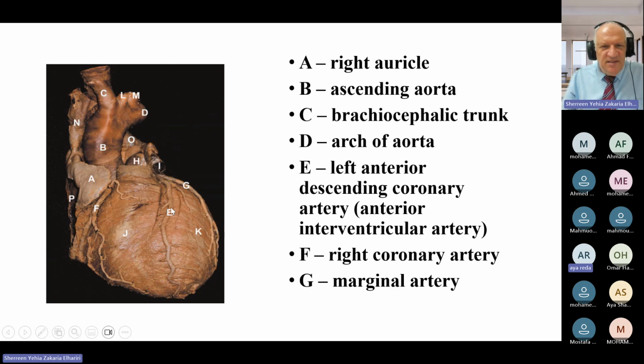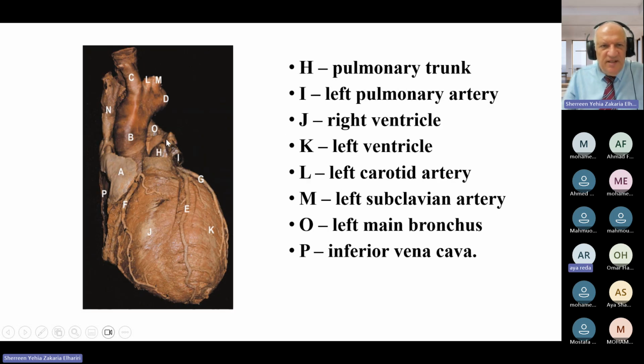E is left anterior coronary, anterior descending coronary or anterior interventricular artery. F is right coronary. And G is a marginal artery. We have the same picture. H is pulmonary trunk. I is very small, is left pulmonary artery. J, it is just the ventricle down.